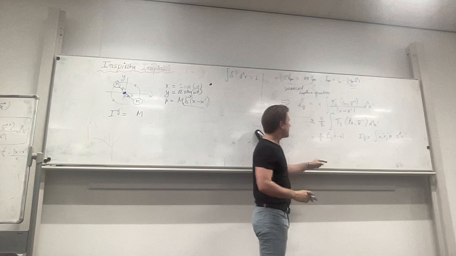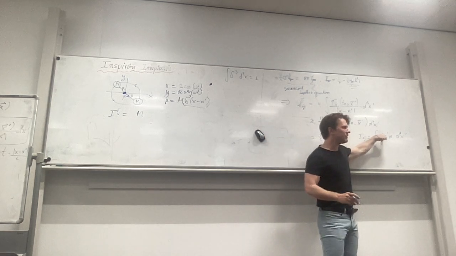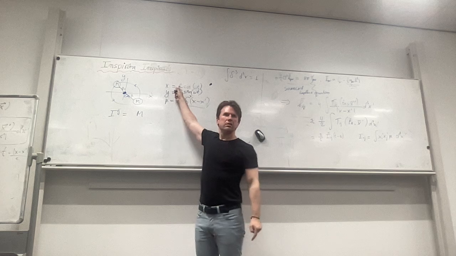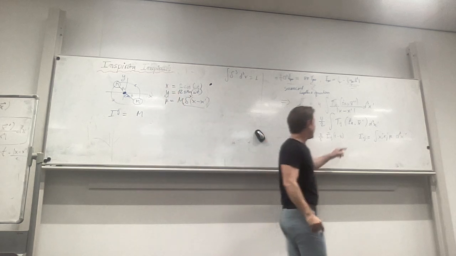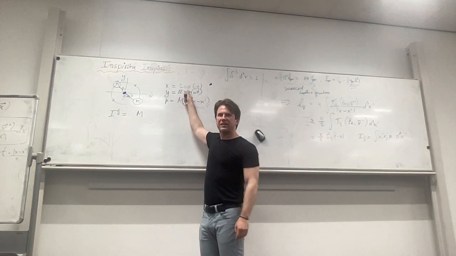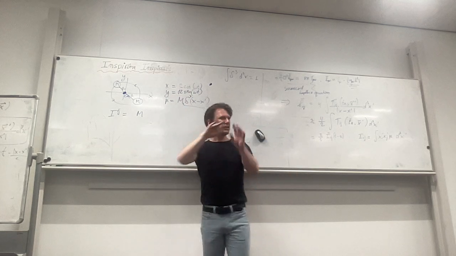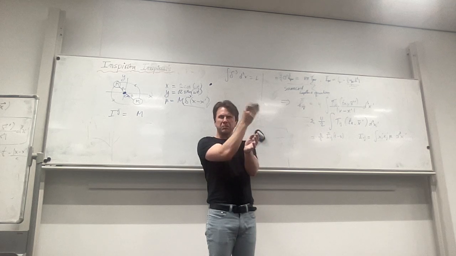Each and every single one you can calculate. If you want the x-x component, then these two x's are these two. If you want the y-y component, then you're going to plug in two of these. If you want the x-y, then you're going to take their combination. I will write down the answer in a moment. This is just plugging in.